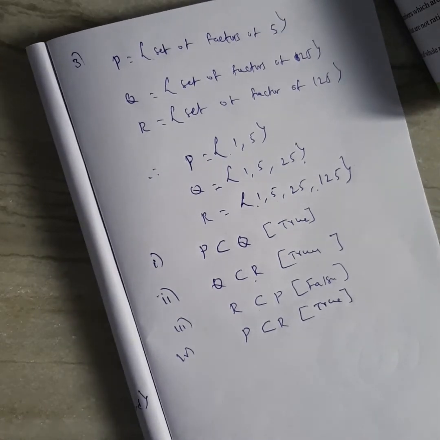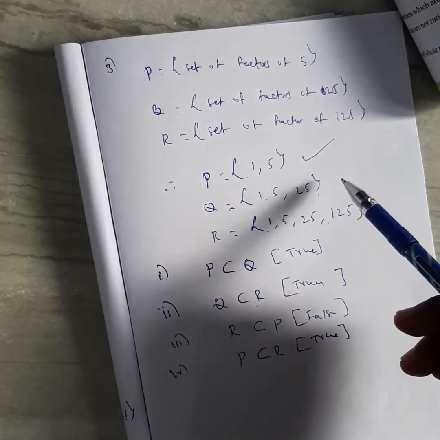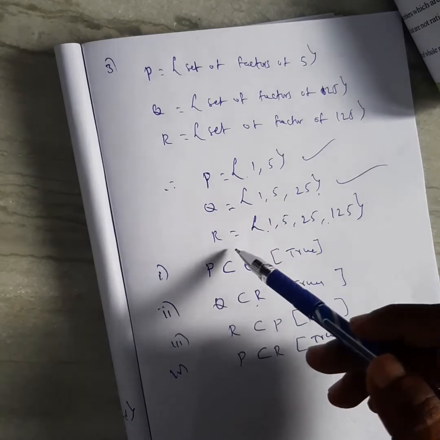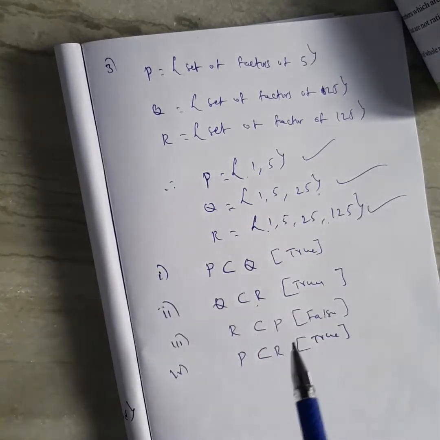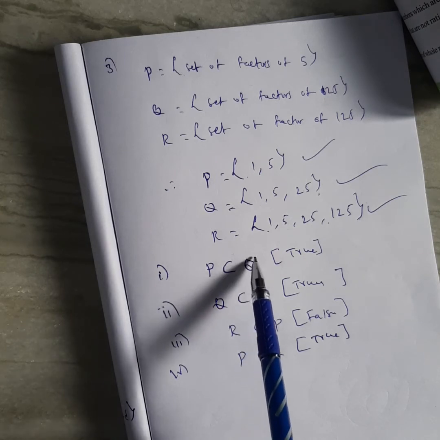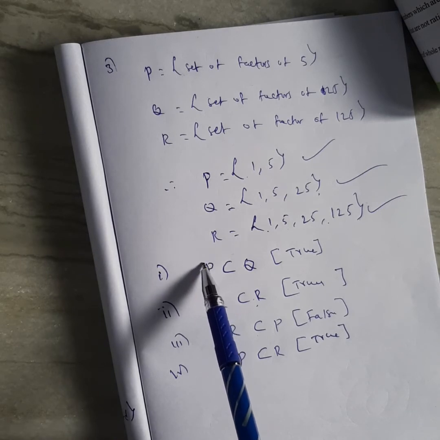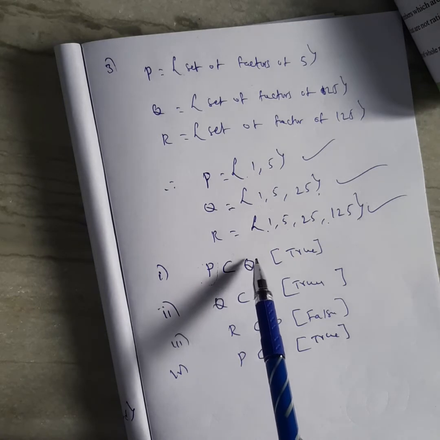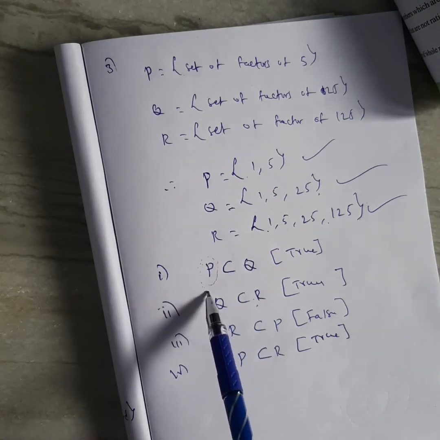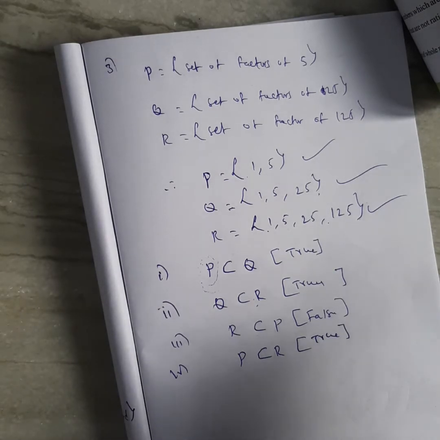First, write everything in roster form: P is 1, 5, Q is 1, 5, 25, R is 1, 5, 25, 125. Subset means each element of P is also in Q. If every element of P is in Q, we call it a subset. Otherwise it is not a subset.